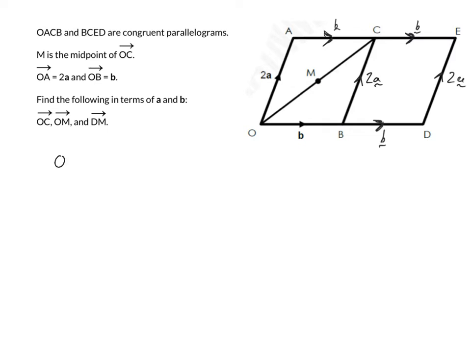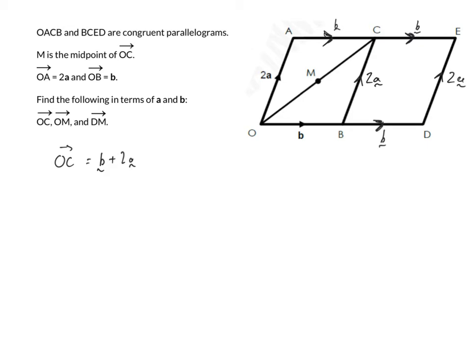To get from O to C, there are two ways I can do this. I could go from O along to B, and then from B up to C. So that would be small b, followed by 2A.